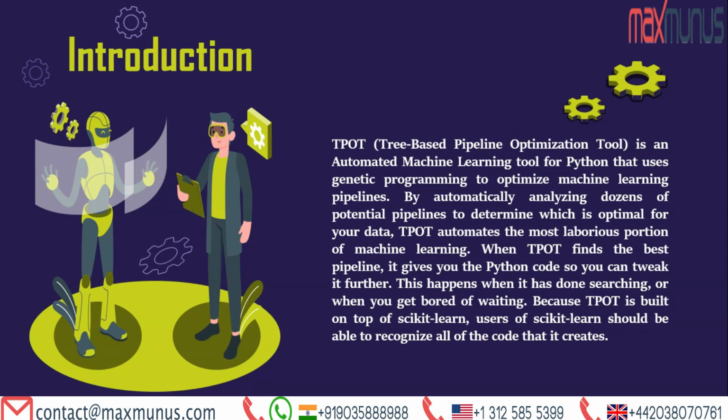TPOT, that is Tree-Based Pipeline Optimization Tool, is an automated machine learning tool for Python that uses genetic programming to optimize machine learning pipelines, by automatically analyzing dozens of potential pipelines to determine which is optimal for your data. TPOT automates the most laborious portion of machine learning.